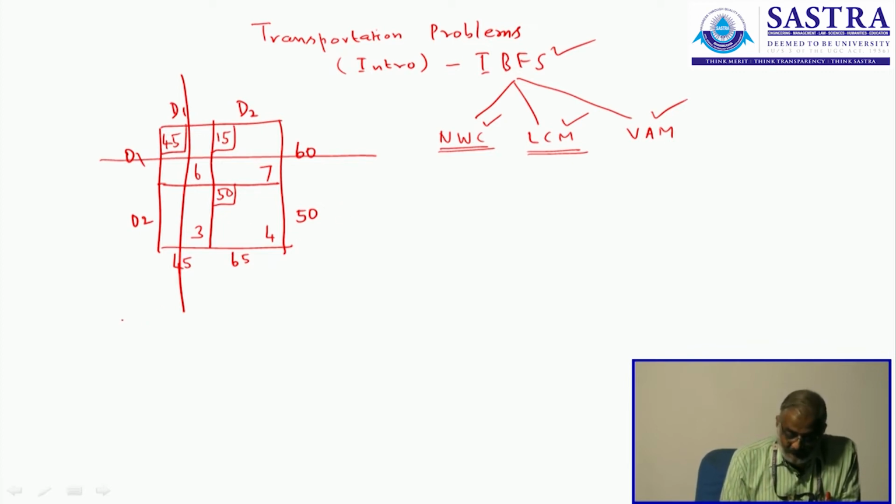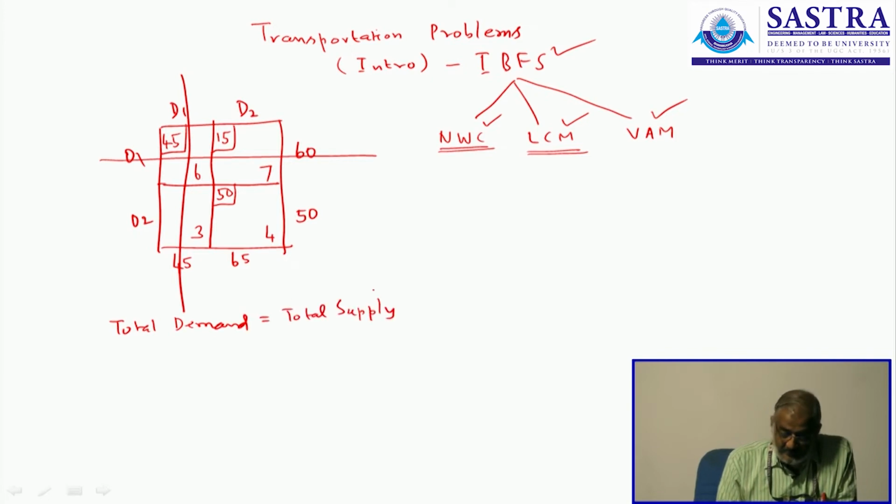Since total demand equals total supply, because what is the total demand? 45 plus 65, 110. What is the total supply? 60 plus 50, 110. Since they are equal, this transportation problem is a balanced one. If they are not equal, then it is an unbalanced transportation problem.